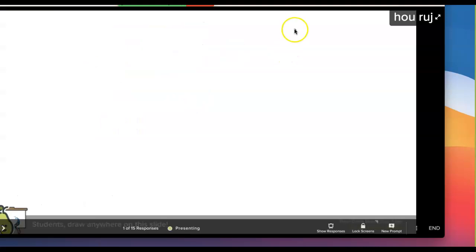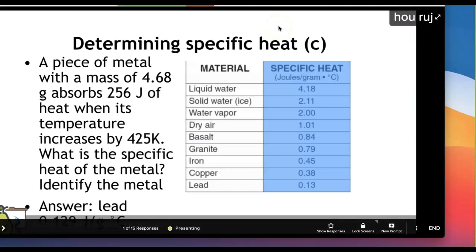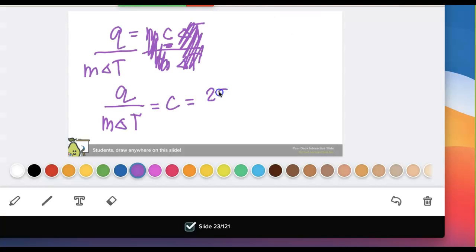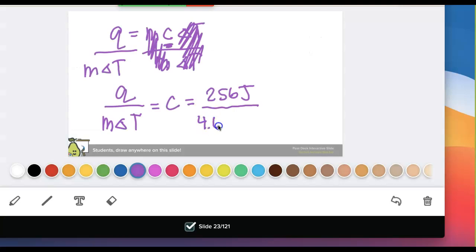So it was what? 256 for Q. The mass was 4.68 grams. And the delta T was given right off the bat, 425 Kelvin. To avoid calculator issues, take 256 and press divide, 4.68, and then press divide again, 425.